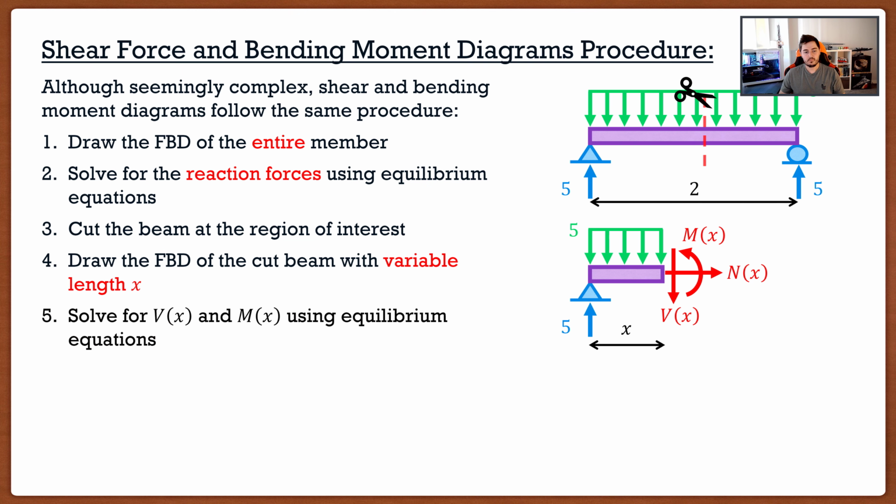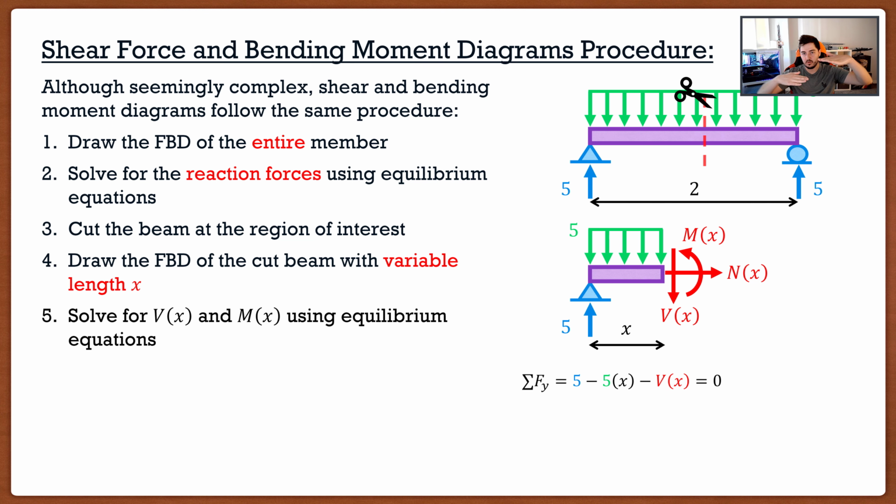From here, we can solve for Vx and Mx using our equilibrium equations. So for instance, we know that if we wanted our shear, we can take the summation of forces in the y direction. I would have 5 coming up from my support reaction, and then I would have 5 times x going downwards, which is my distributed load, and then minus my shear, and that's of course going to be equal to 0. Now notice in the first example that we had where we just had a point load, that variable length x didn't play any sort of role.